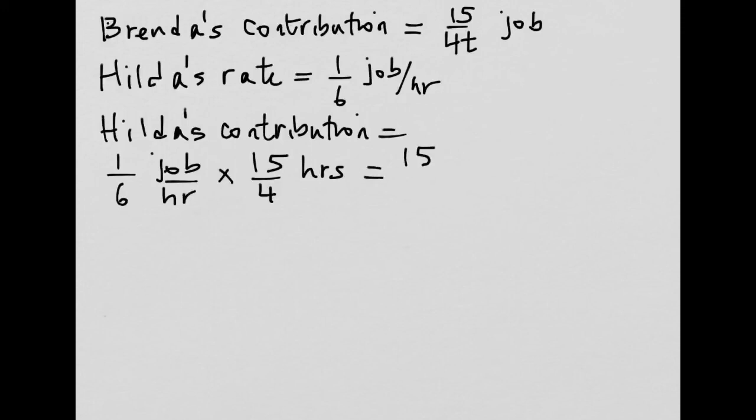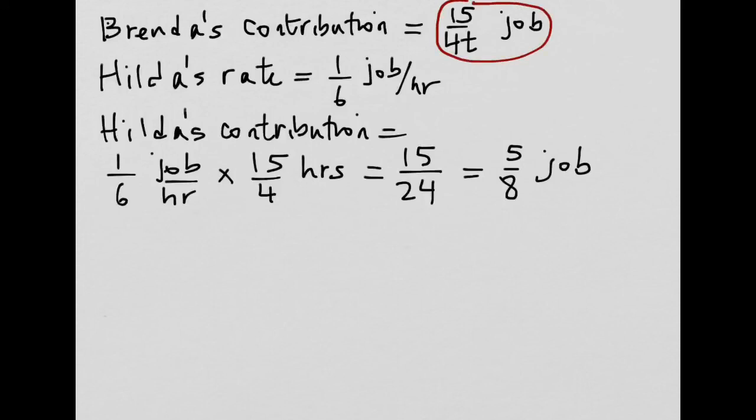That's 15/24, which simplifies to 5/8 of a job. So Brenda's contribution is 15/4t when working together, and Hilda's contribution is 5/8 of the job when working together.